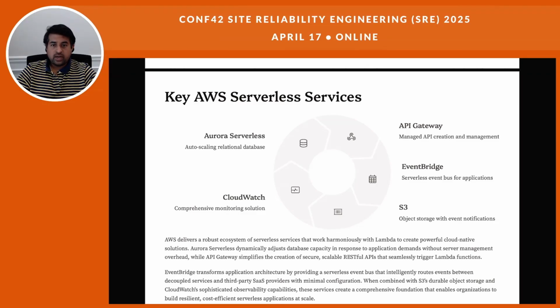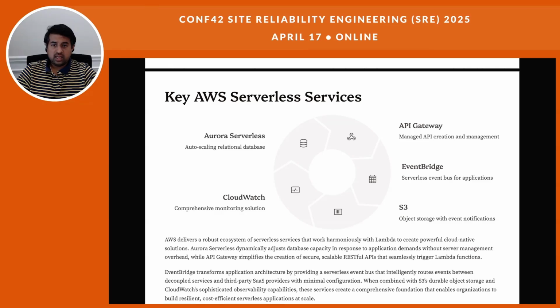CloudWatch dashboards provide a centralized view of application performance, improving visibility and reducing mean time to detection by 25 to 35%.